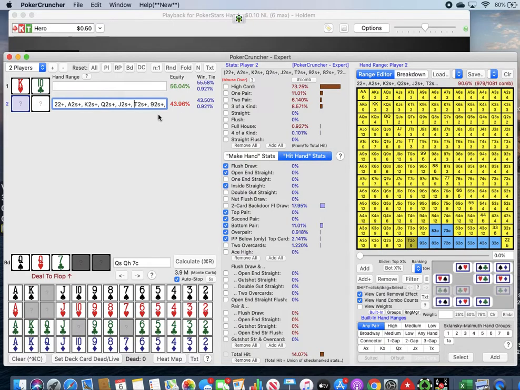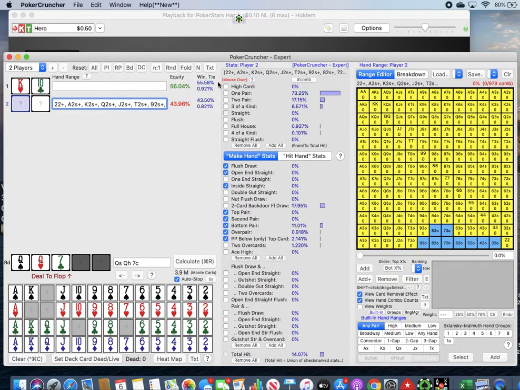If you flip the hit hand, that's why we do it. So the difference here in PokerCruncher is the make hand stats include the board cards, meaning if you have the queens here, so you see how he has no high cards and 73% pairs, that includes the pocket queens from the board. The hit hand stats do not include those cards, or make you play the cards from your own hand. There's a little explanation over here.